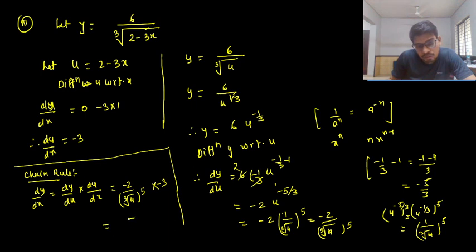So overall we got minus 6 upon, and this can be written as this because cube root we have and here power we have. So we will get 6, minus minus plus, 2 times 3 is 6. Here it will be u, and it will be cube root of u square. This is your final answer.